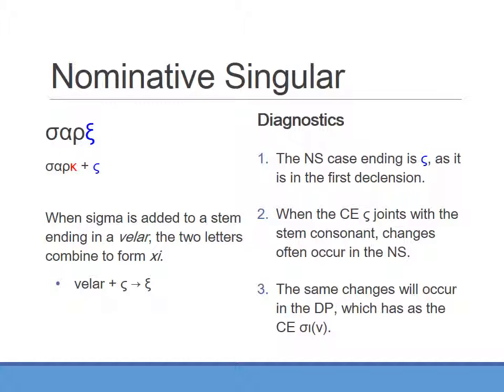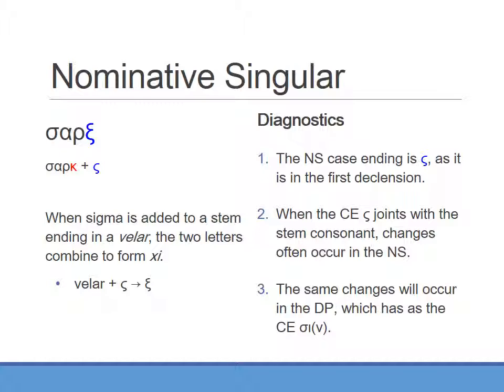So the velar, in this case kappa plus sigma, turns into xi. And that's exactly what we have. Sarks is formed from sark plus sigma, and then kappa and sigma combine to form xi.